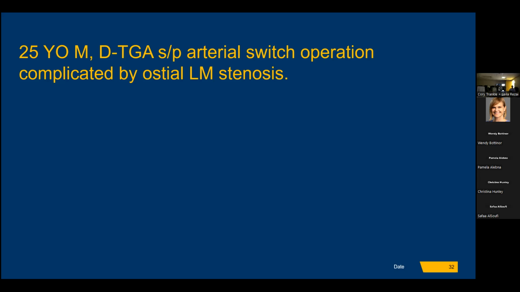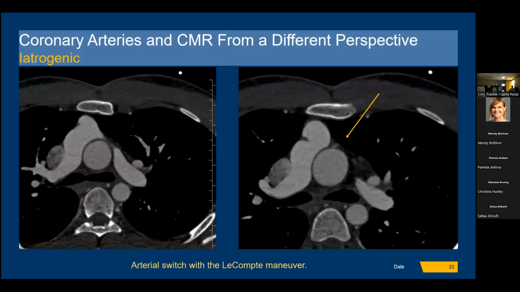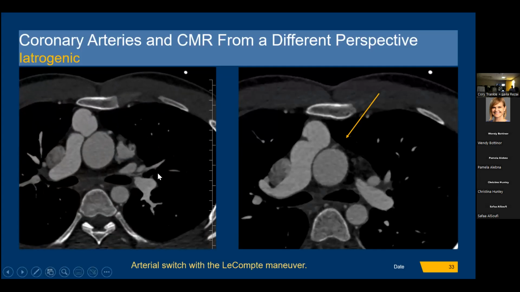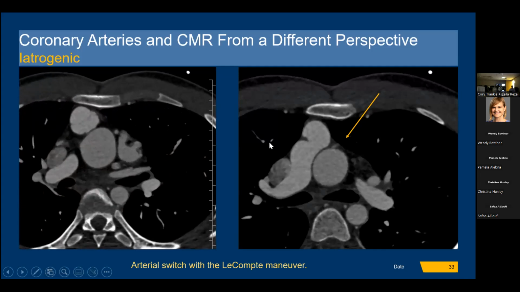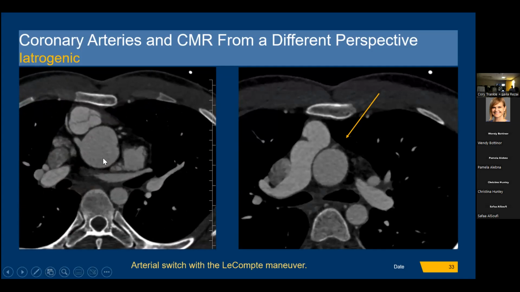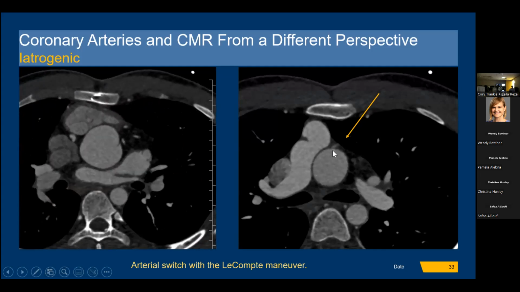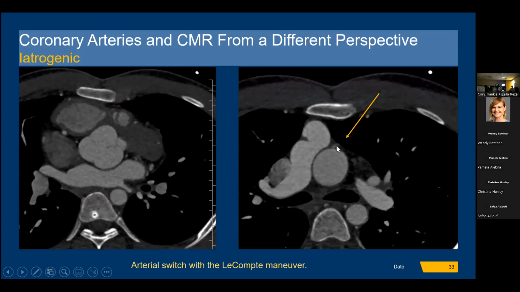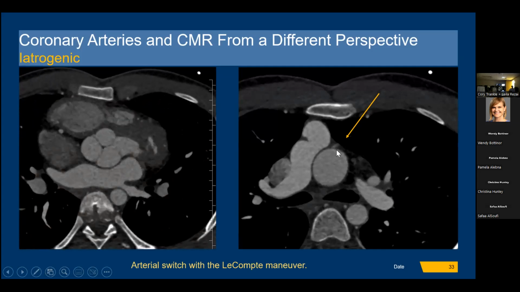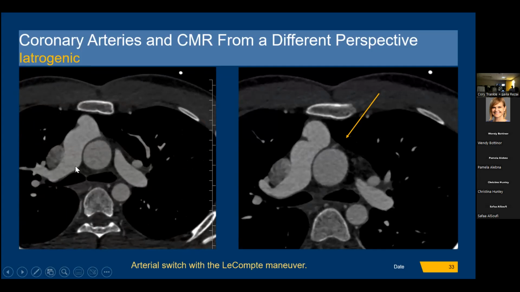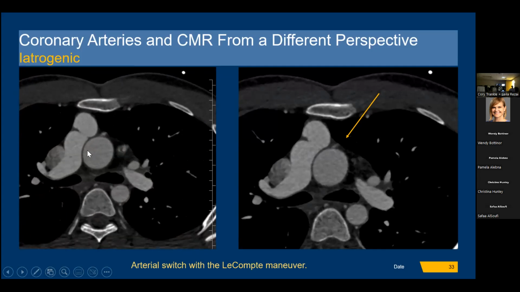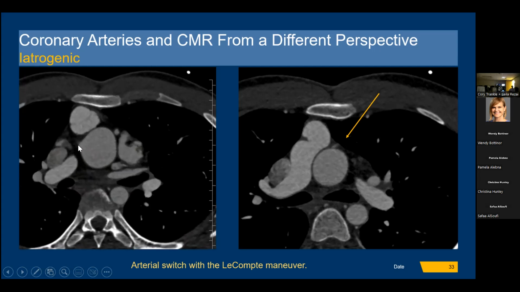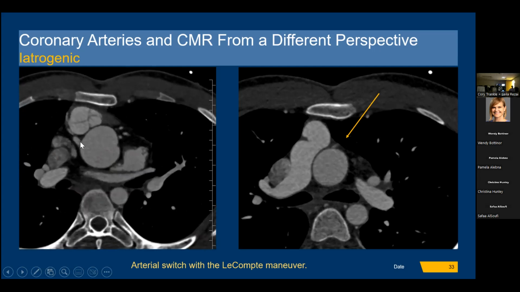This patient comes back for follow-ups once in a while to check on the status of his repair. He had a CTA done years ago that showed the stenotic origin of the reimplanted left main coronary artery. But the right coronary artery appears to be normal in its size and lumen caliber.